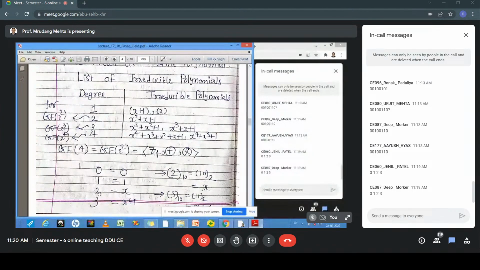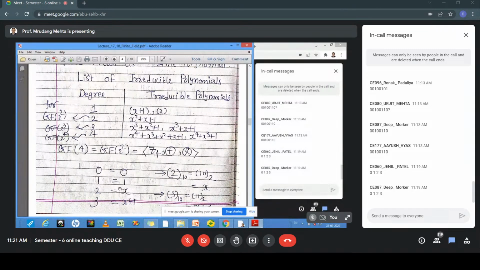Now 2. 2 is 1 0. You can see 2 in decimal is 1 0 in binary. So 1 0 is equivalent to x raised to 0 into 0, that is 0, plus x raised to 1 into 1, that is x, right? So 2 is actually represented as a polynomial x.